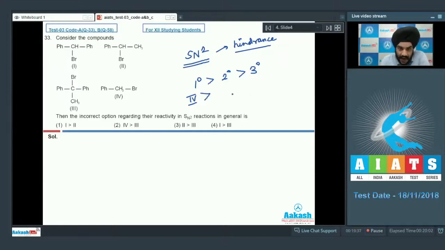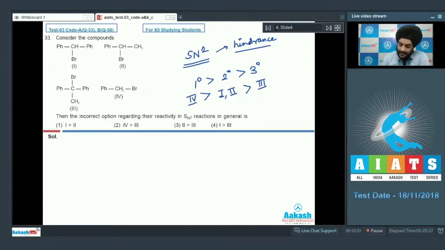If we look at options 1 and 2, both are secondary. And if we look at the 3rd option, we can see that it is a tertiary alkyl halide. So we can generally comment that 4 is more reactive than 1 and 2, and 1 and 2 are more reactive than 3.